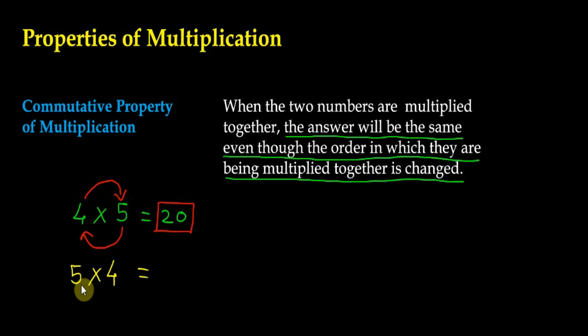Now let's multiply them. 5 times 4 is 20. So we got the same answer, 20. So this is the commutative property of multiplication. That means even though we change the order of the two numbers which are multiplied together, we get the same answer.